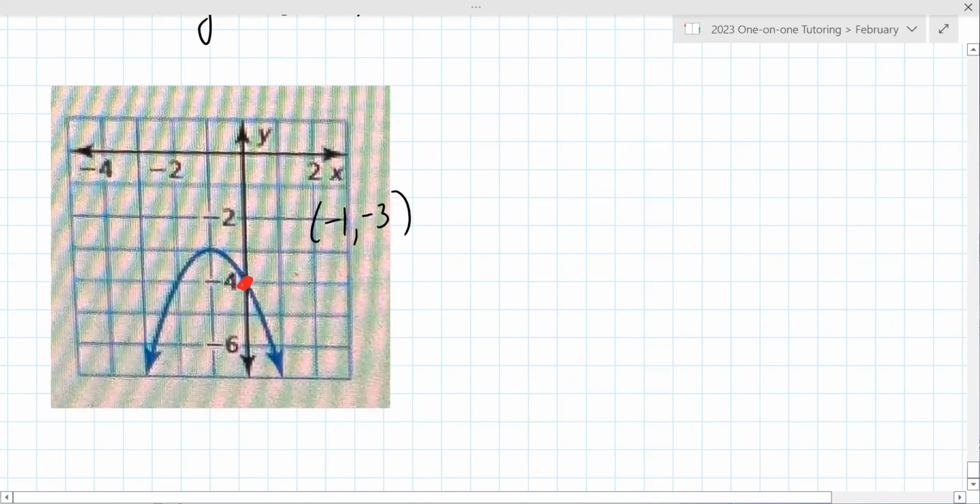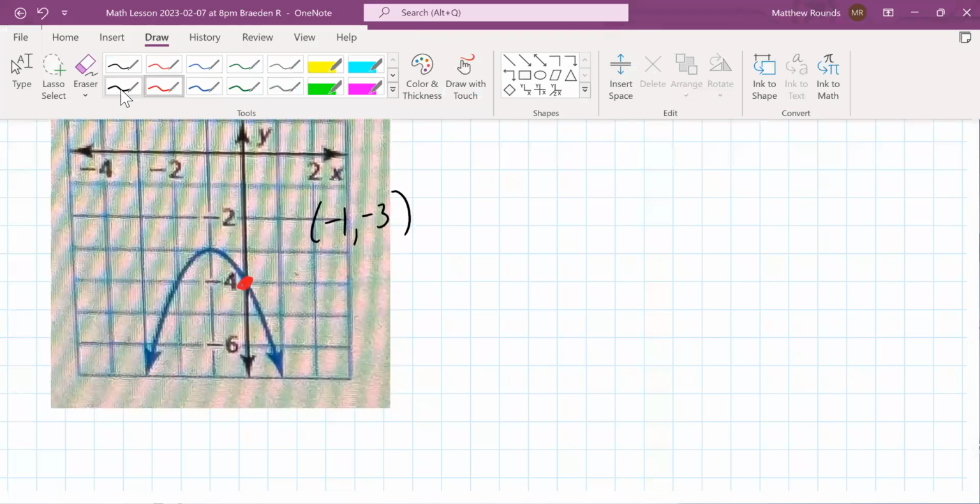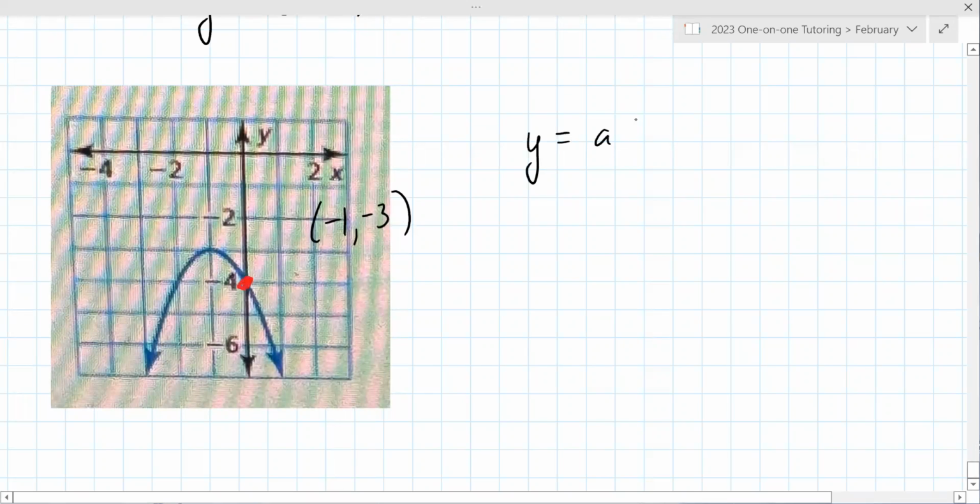Y equals a times (x minus h) squared plus k. Y equals a times (x plus 1) squared minus 3. Good. And -4 equals a times (0 plus 1) squared minus 3.